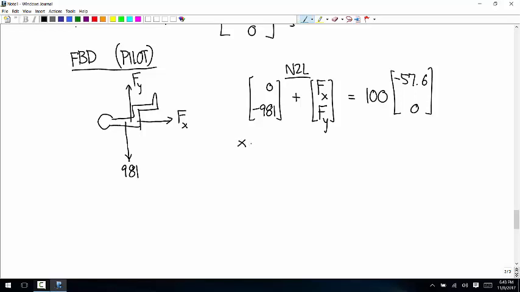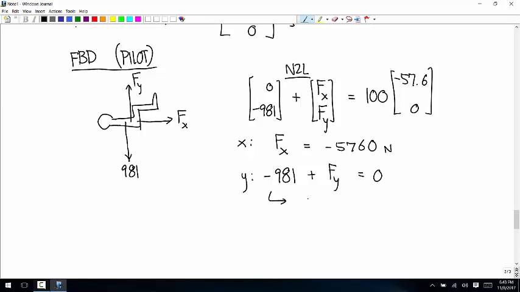And so the x equation says Fx is equal to negative 5,760 newtons. And the y equation says negative 981 plus Fy is equal to 0.